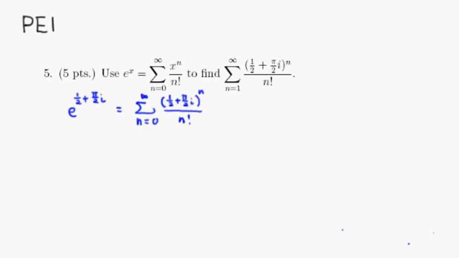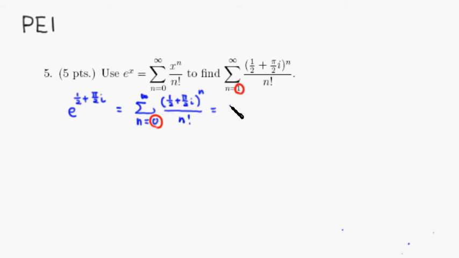Notice that this is not a typo. This is actually starting from 0, but the one we are interested in starts from 1. So we have to separate the very first term. When n equals 0, anything to the 0 is 1, and 0 factorial is 1.